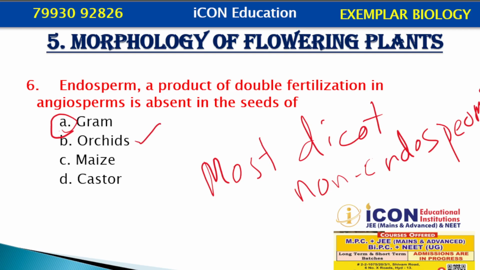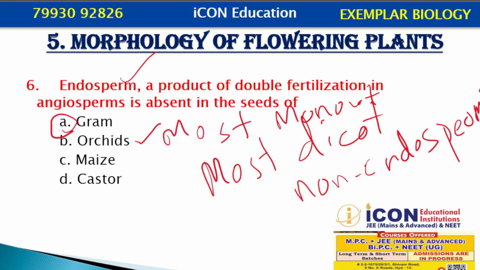Orchids, we know, are monocot plants. Most monocot plants will have endospermic seeds. The exception, orchids, is given in the textbook. Orchids are non-endospermic. So even option B is correct.